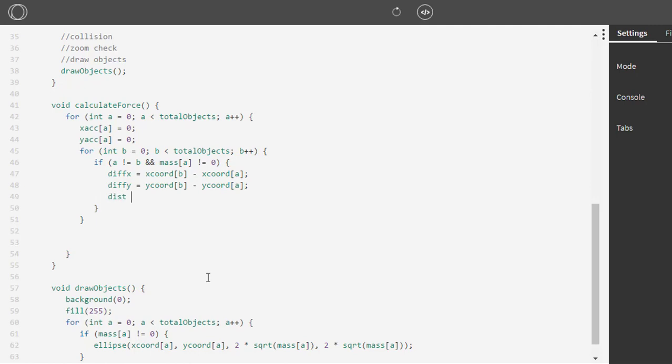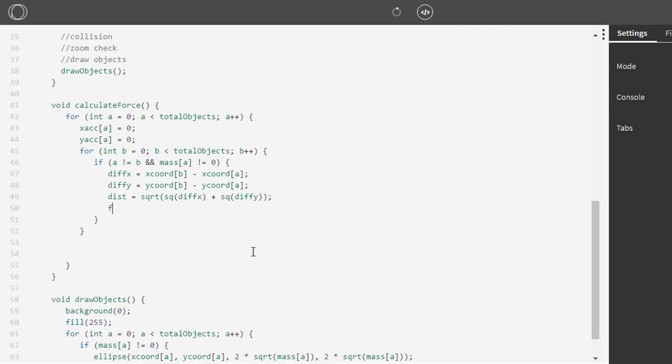The distance between these, which is our force distance, is going to be the Pythagorean theorem. So a squared plus b squared equals c squared. The hypotenuse is going to be the square root of this squared plus this squared. So the square root of the square of diff x plus the square of diff y.